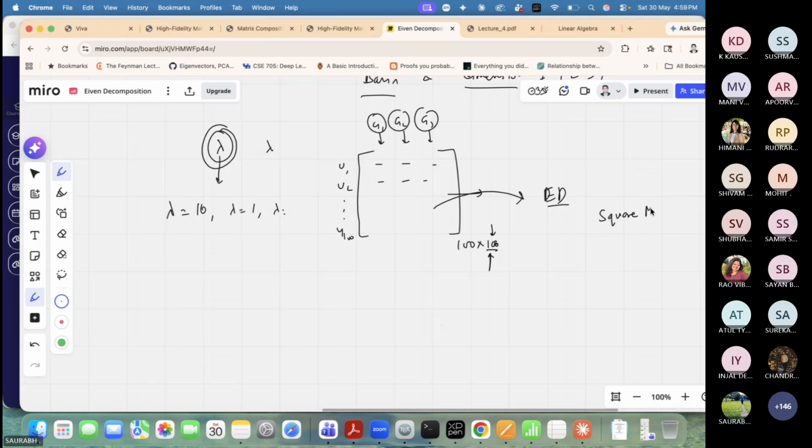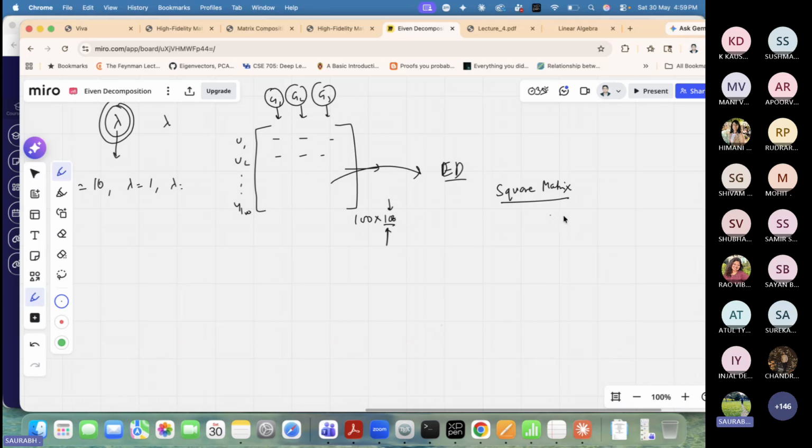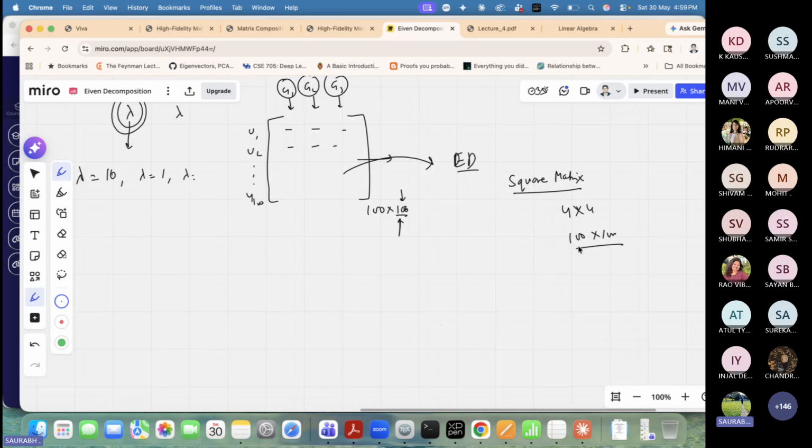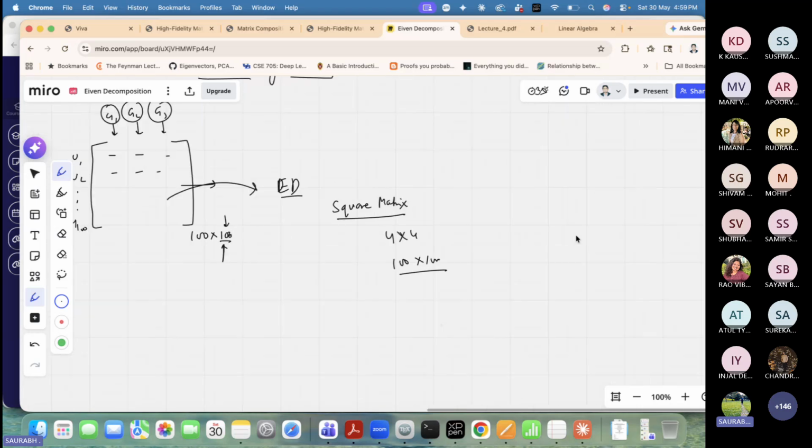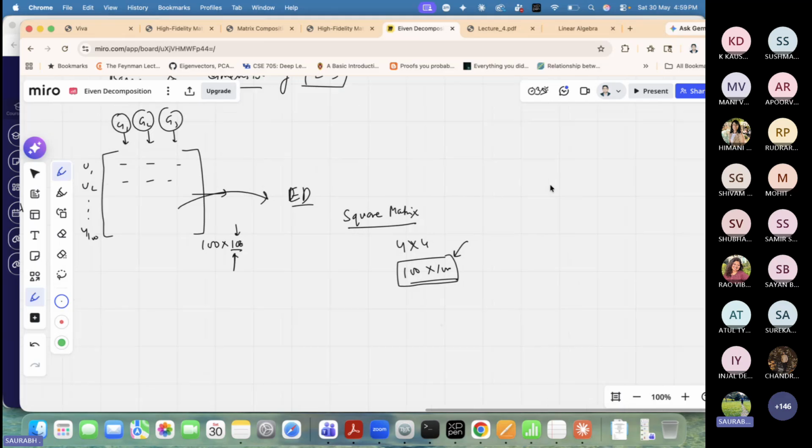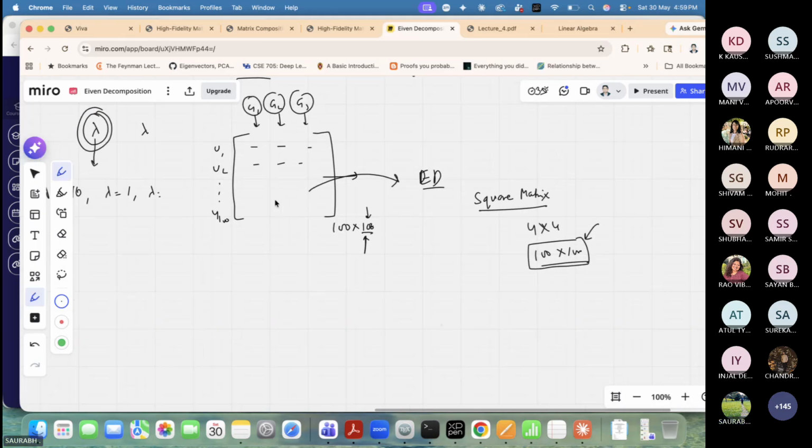If your matrix is 4 cross 4 or 100 cross 100, you can do an eigen decomposition. But tell me, in machine learning, will you have a situation wherein the number of users is equal to the number of genres? You would rarely have that. So eigen decomposition has a problem first.